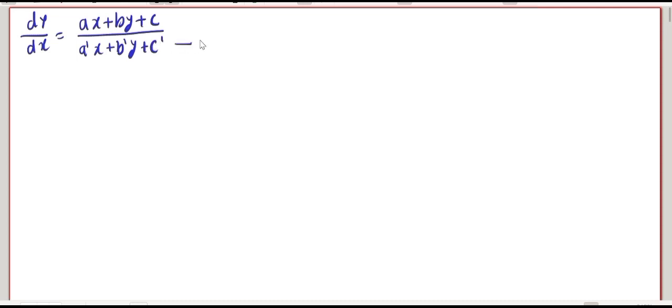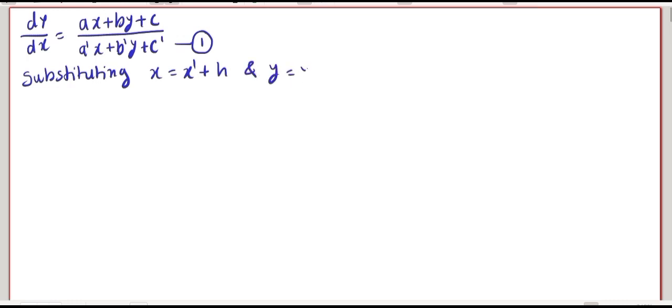Suppose this is equation number 1, which is reduced to a homogeneous form by substituting x is equal to x dash plus h and y equal to y dash plus k, where h and k are constants.